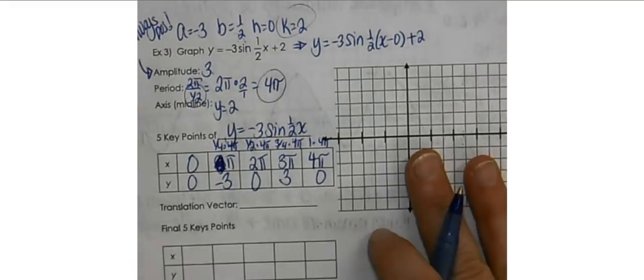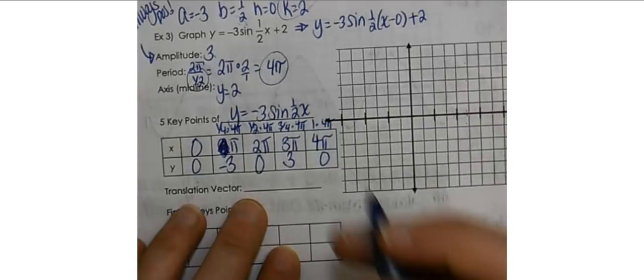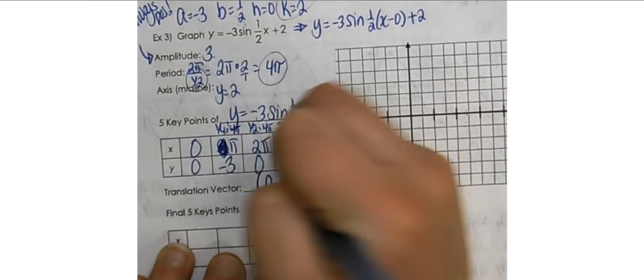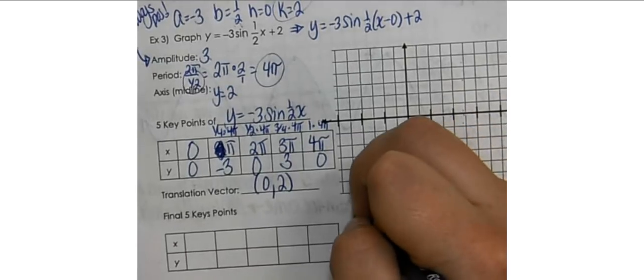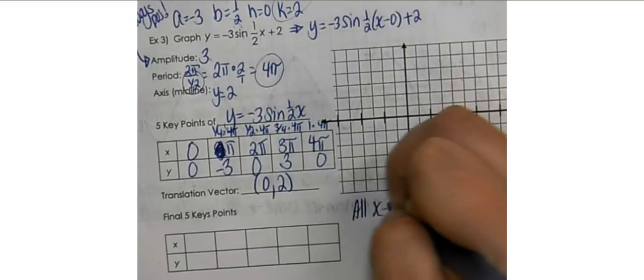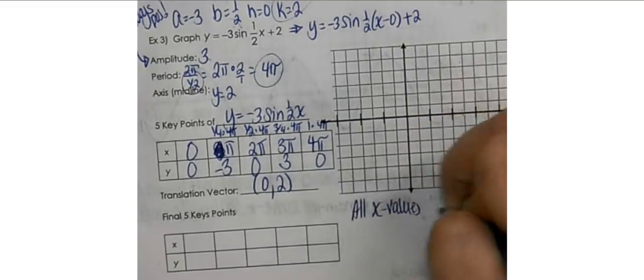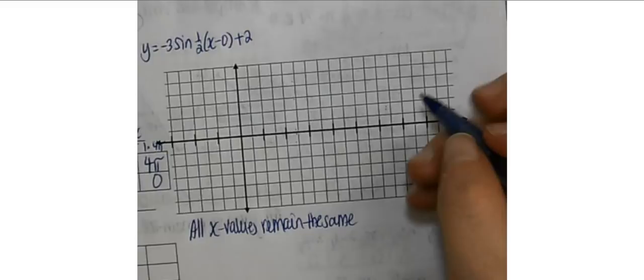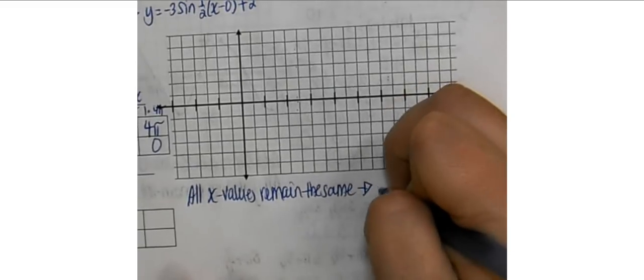Our translation vector is going to be located at h, k, so that's 0, 2, and what that indicates is that all x values will remain the same. And if they remain the same, then that indicates that we have no horizontal shift.